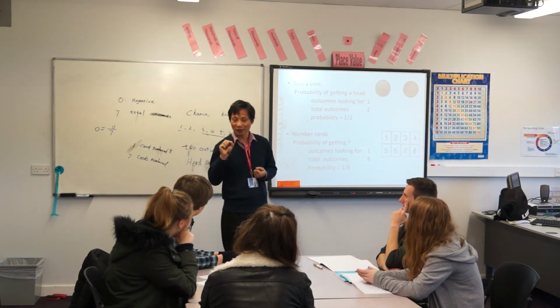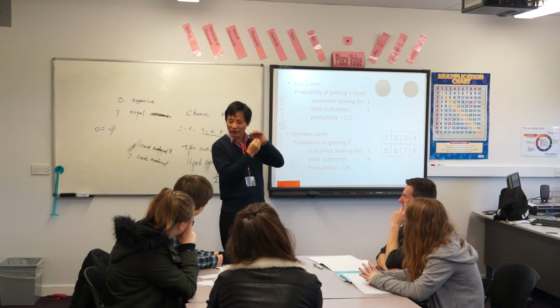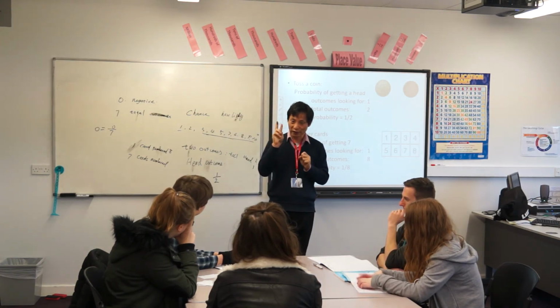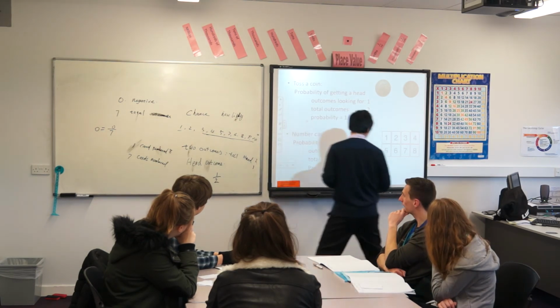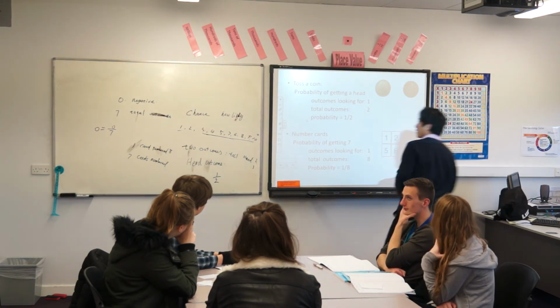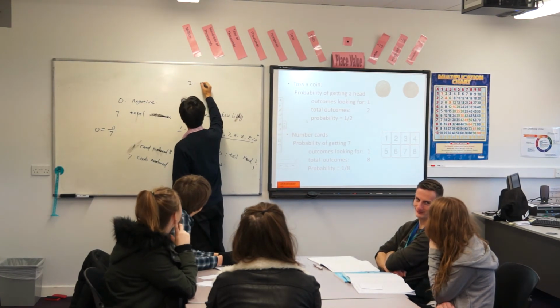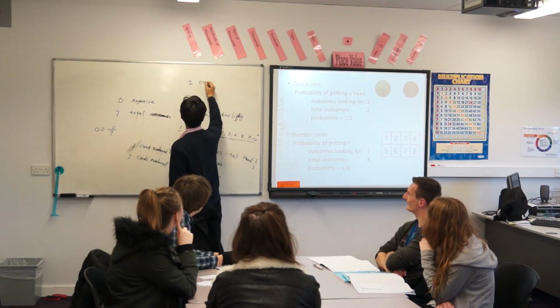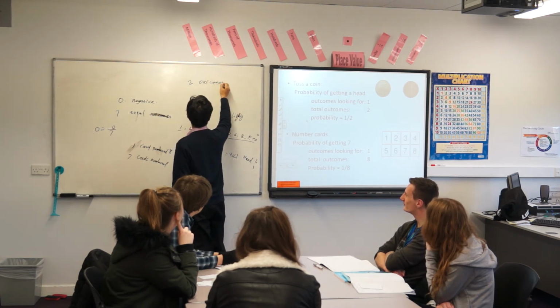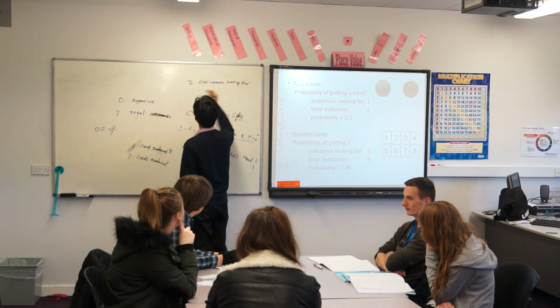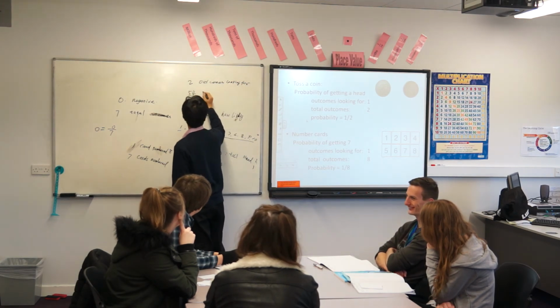2 out of 54. Yeah, 2 out of 54. In total there are 54 cards, but in the set of playing cards, there are 2 jokers. 2 is the expected outcomes we are looking for. Totally, there are 54 outcomes.